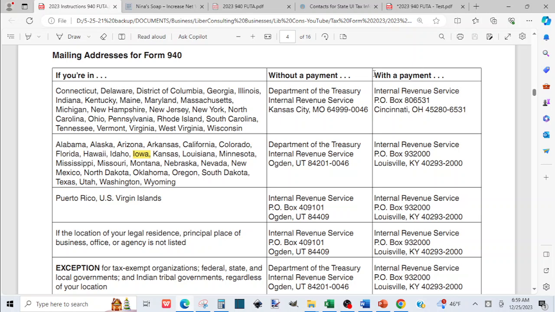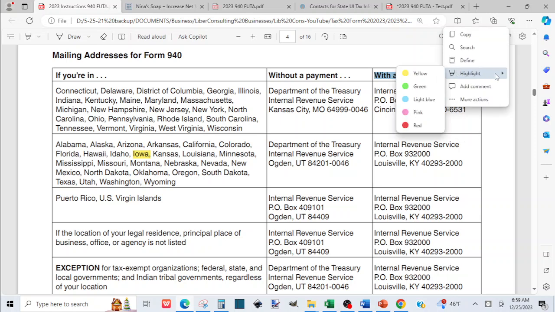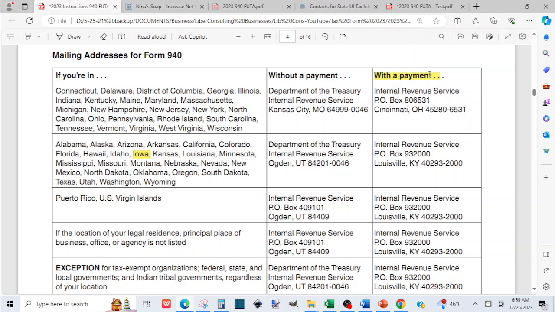But in this example, because we completed the voucher, that implies we are going to add payment to the Form 940 and mail it. Therefore, we will use the address with payment, and we will use the address that is on the same line as our state.